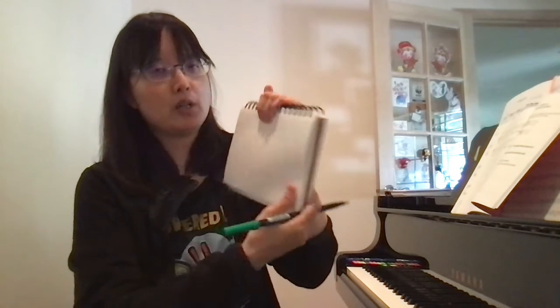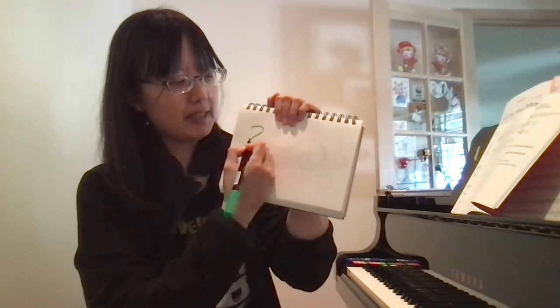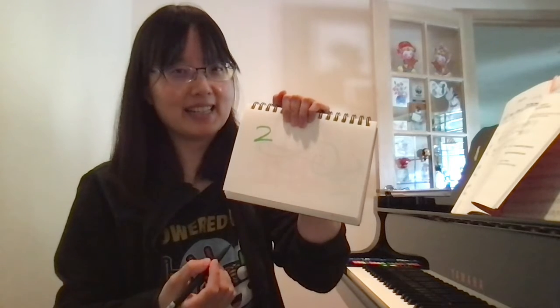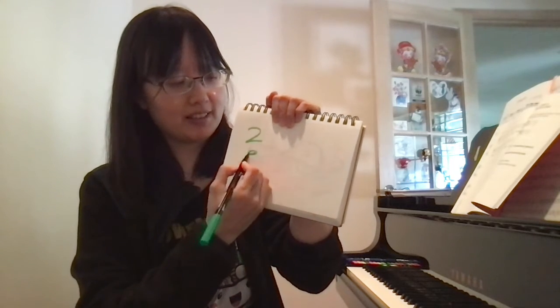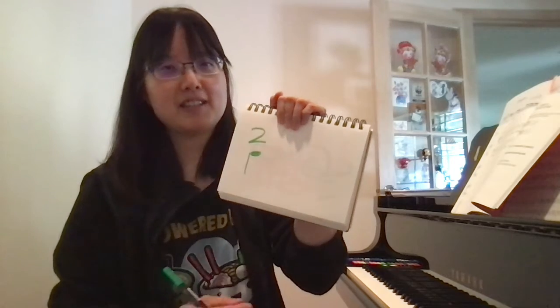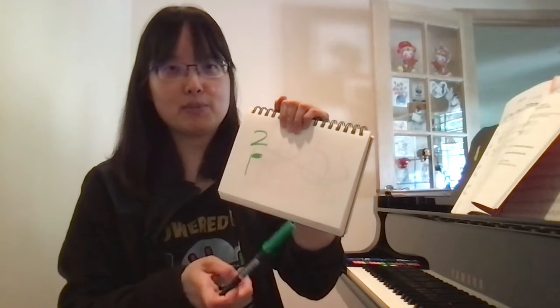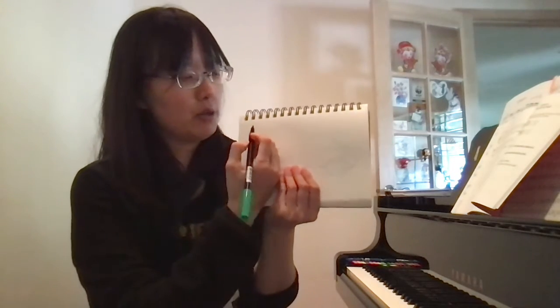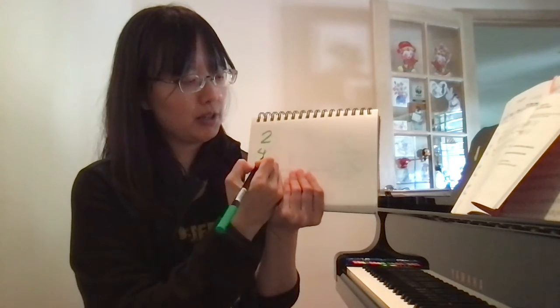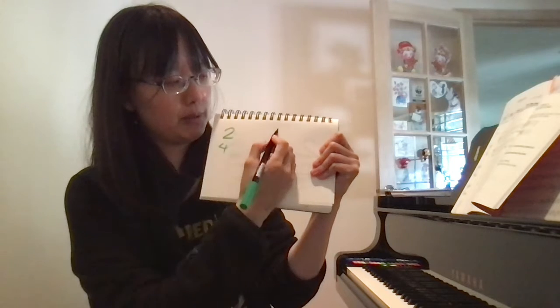So 2, 4, basically, life would have been a lot easier if they just wrote it like this. There are 2 quarter notes per measure. So if you have a piece of music where the time signature is 2, 4, you're going to get the equivalent of 2 quarter notes per every single measure.